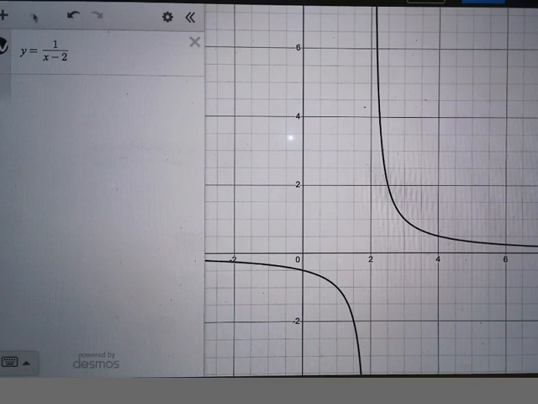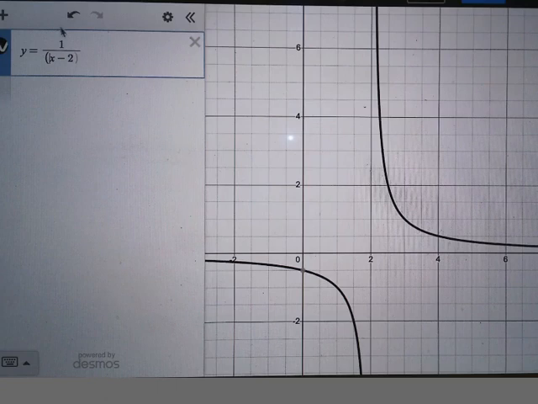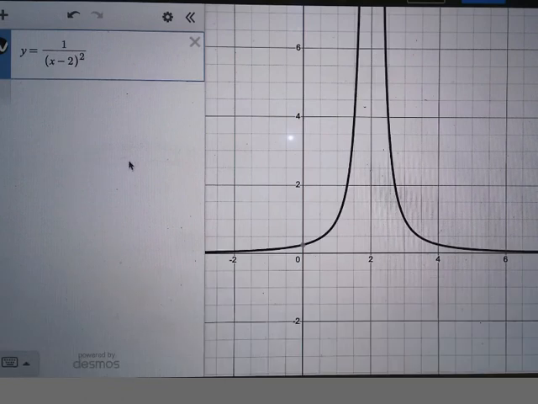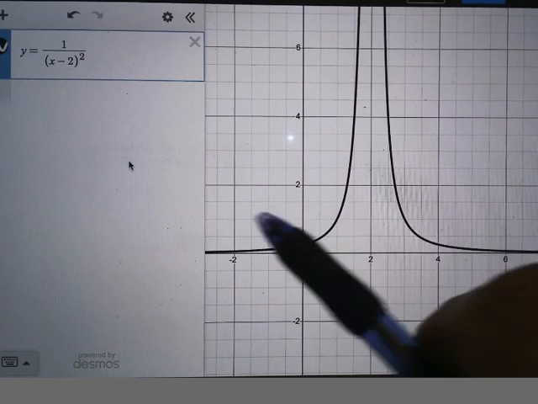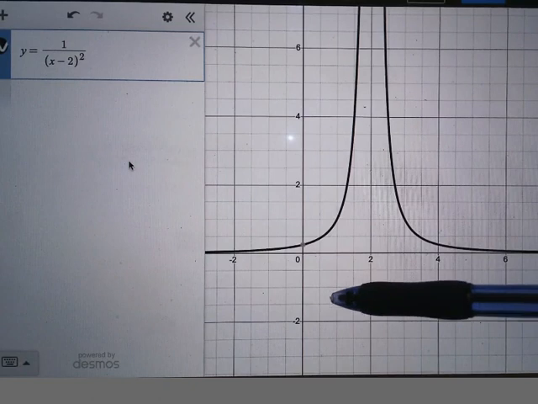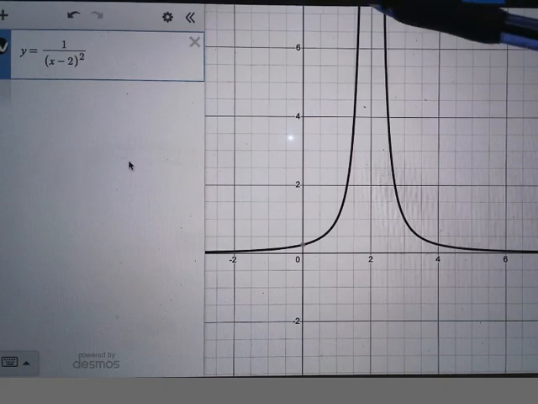Now, notice what happens if I take this factor in the denominator and change that factor's multiplicity to 2. Before, one of them went down and one went up.